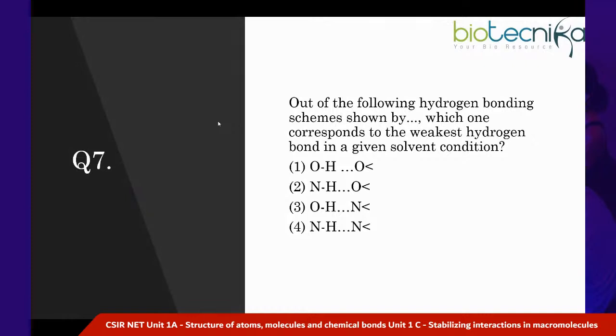So definitely here polarity matters, because the more polar the dipole. I told you hydrogen bond is formed between dipoles. So in all these cases, these are acceptor molecules and all these are donor molecules, donor molecule with hydrogen and then you have this acceptor. You have to give the weakest hydrogen bond. So the more the polarity between hydrogen and the other element, the more polar the bond will be. All right. So the correct answer over here is option 4.